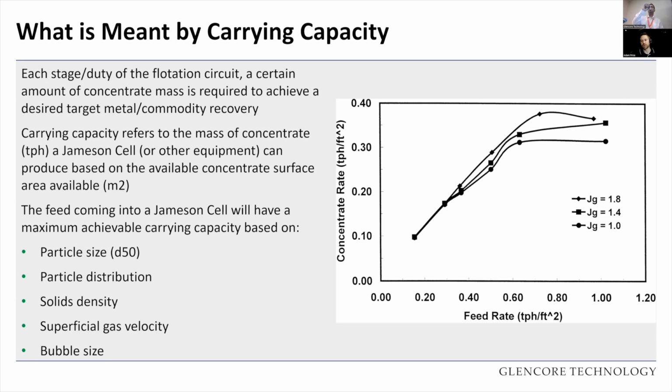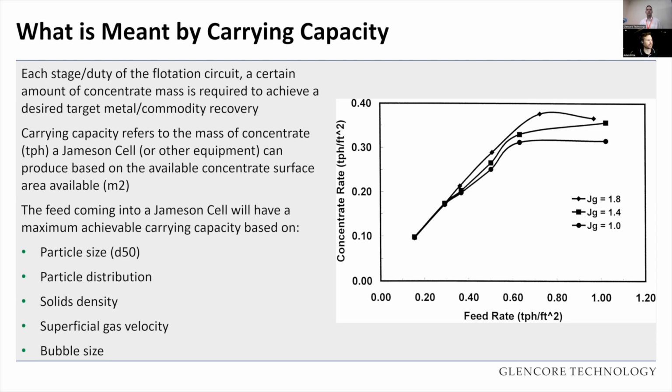So for each Jameson cell or each Jameson cell circuit, there will be a target concentrate mass that we'll be trying to achieve. And essentially the Jameson cells installed would have to have enough surface area available to produce that concentrate.